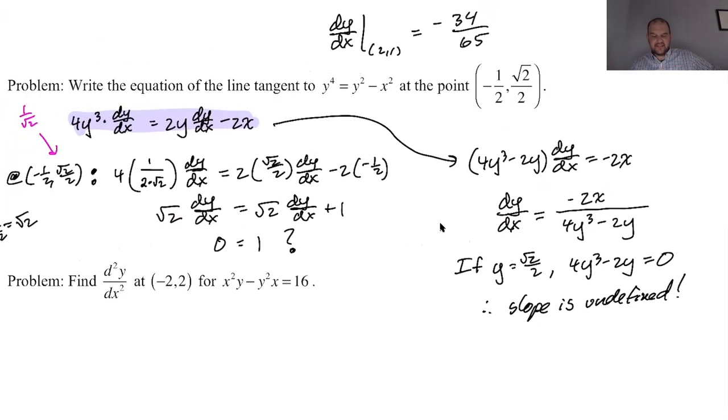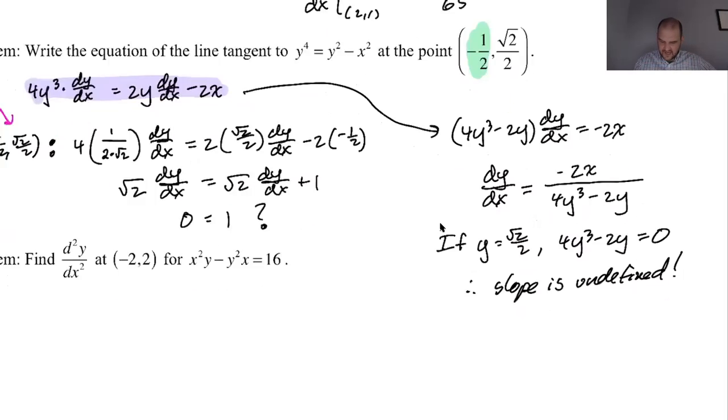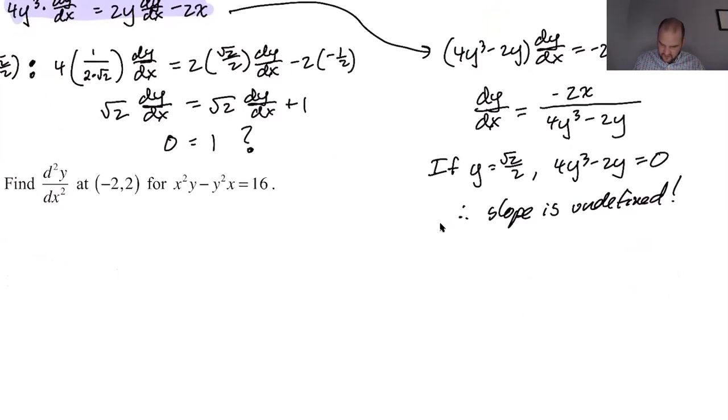What kind of line has a slope that is undefined? It's x equals something, right? But then what does x equal? x equals -1/2. So that actually is our line. Therefore, the tangent line is x equals -1/2. And that's our answer.